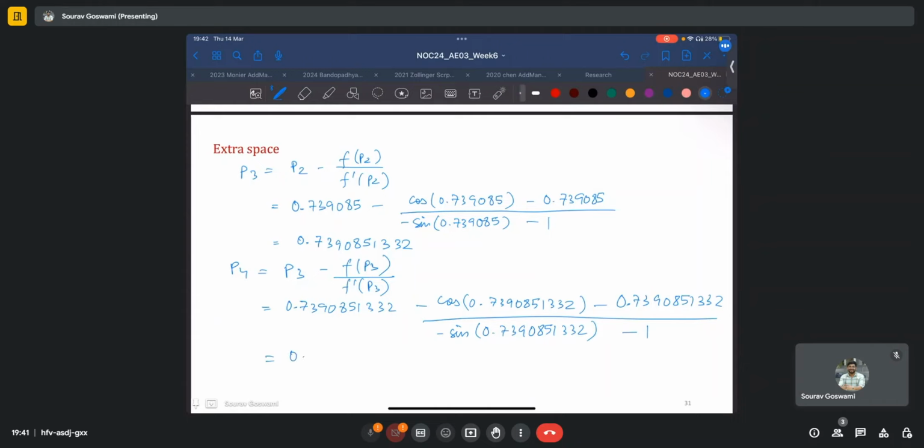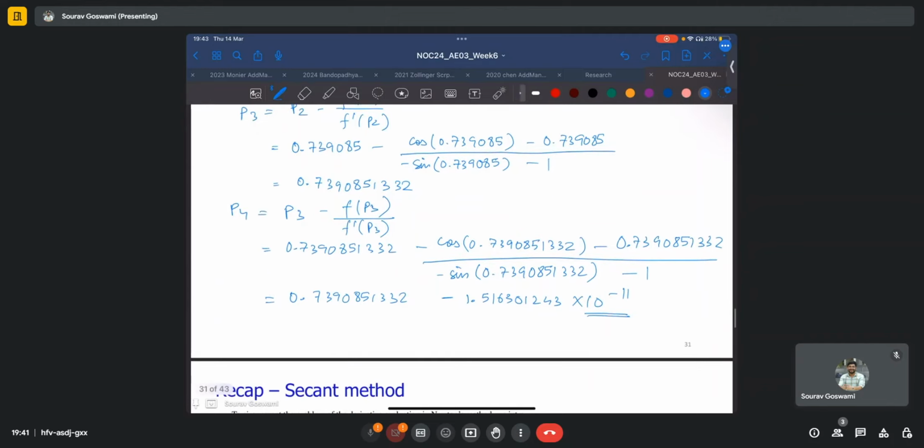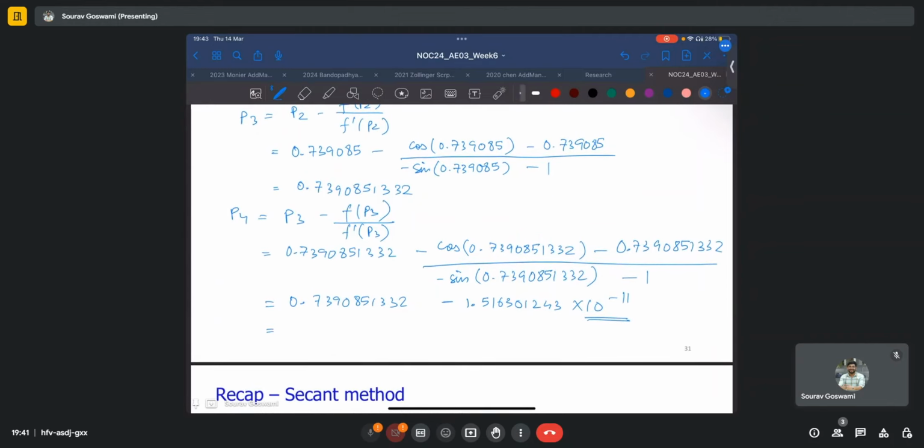We see that this quantity on the right here, 739085133, is actually of the order of 10 power minus 11, which is really small and within given tolerance in most cases.